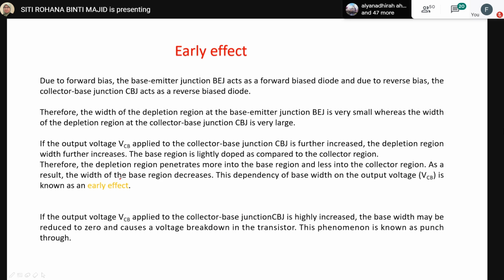The early effect refers to the depletion region penetrating more into the base region and less into the collector because of the reverse and forward bias of CBJ and EBJ. This depends on the base width and on the output VCB, which is known as the early effect.